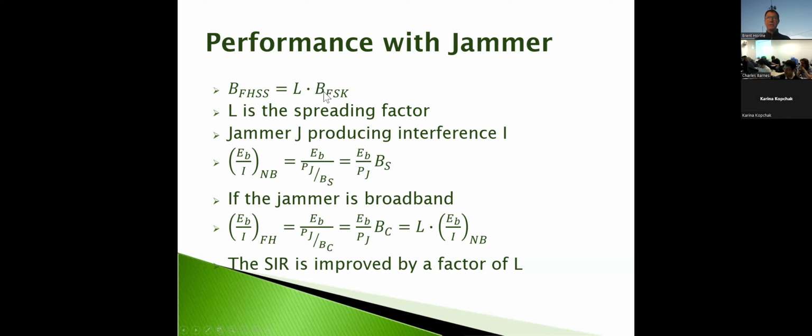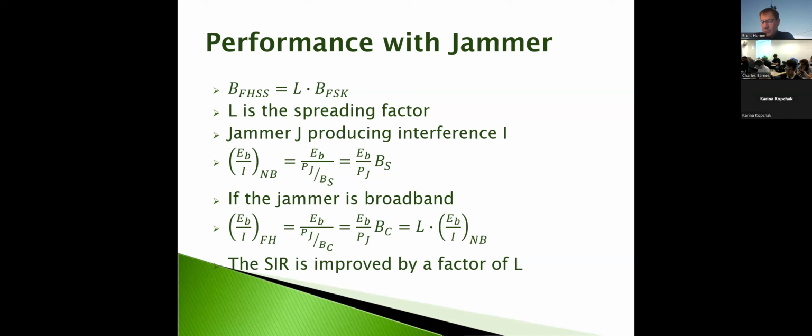We know that this bandwidth is larger than the FSK bandwidth by this factor of L. There's an implicit assumption that the jammer has a finite amount of power, since it costs a certain amount to build and operate a jammer at a certain power.